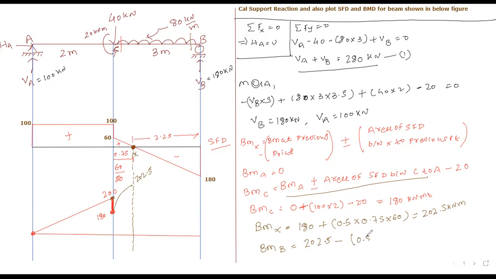Minus 0.5 into 2.25 into 180 into 2.25. So you will get 0. Do you get it? Check it, whether the value is 0 or not.